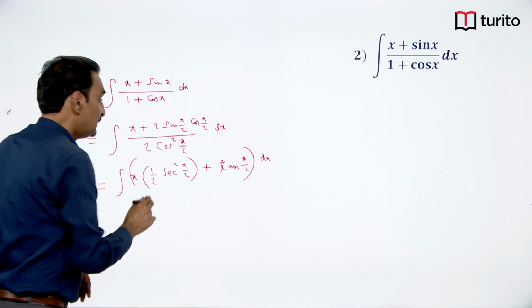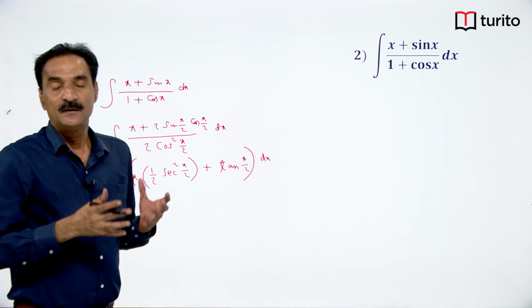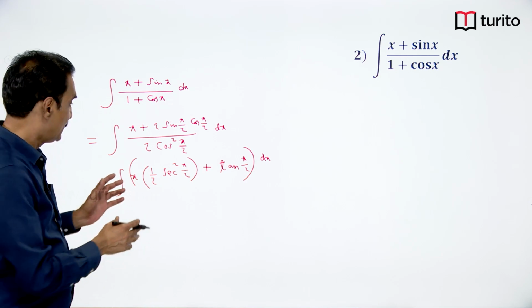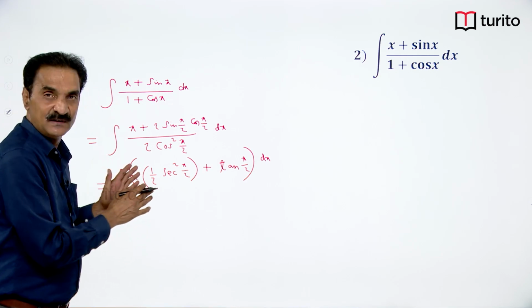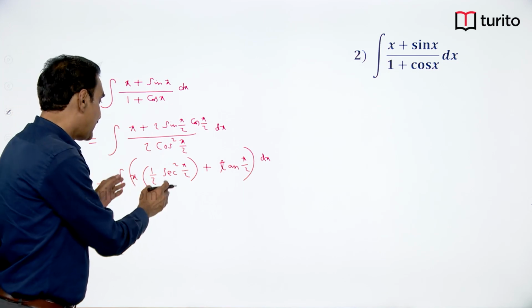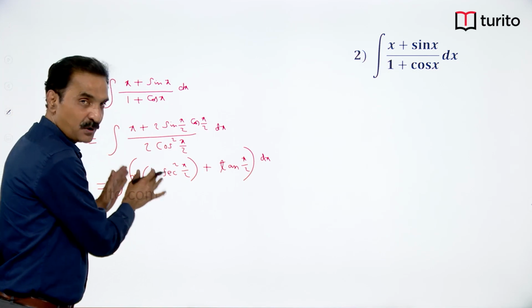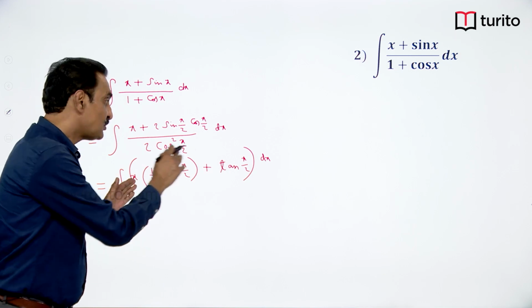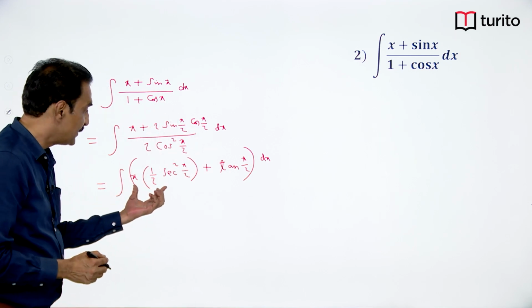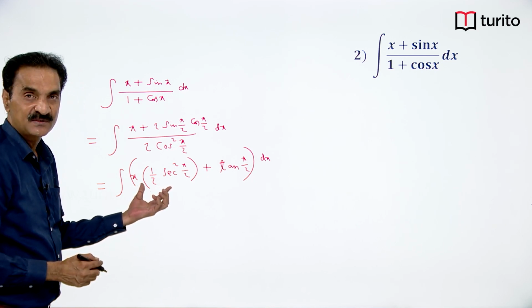Now when you get two terms in an integral in which one is a product of two dissimilar functions, then you integrate only that product, then automatically the second part will cancel out. Here, how to integrate x into half secant square x by 2?